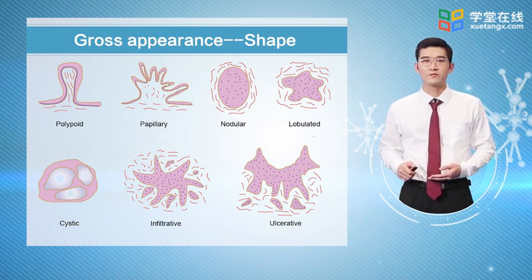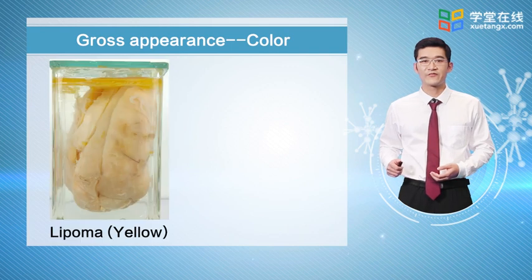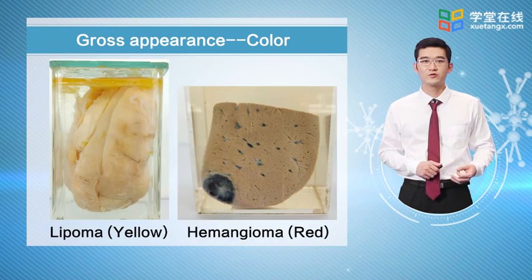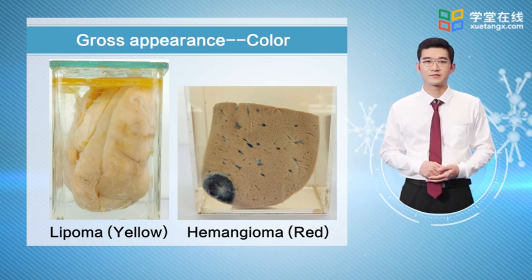The shape of tumor is sometimes used to give diagnostic descriptions. The color of the tumor often resembles its normal counterpart. For example, tumors of the fat tissue usually look yellow, while tumors of blood vessels are red.